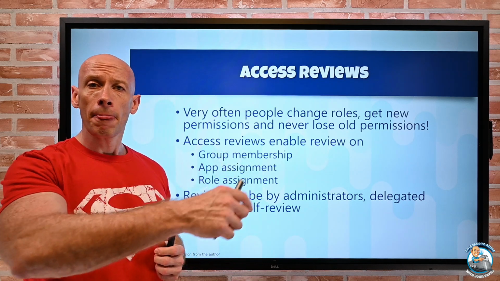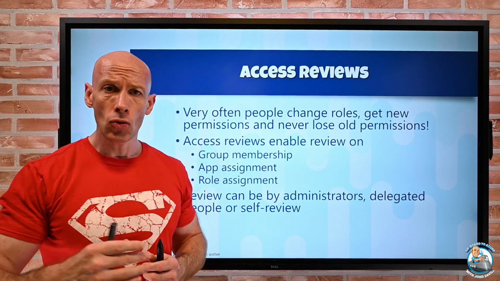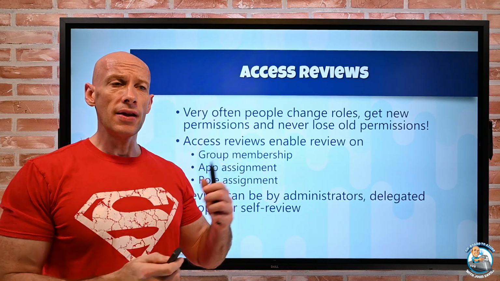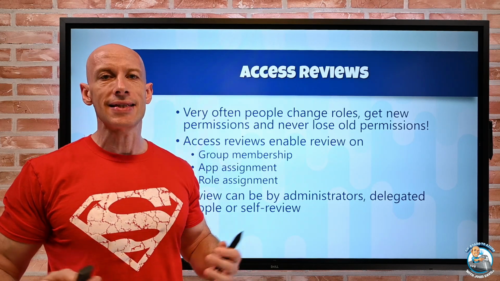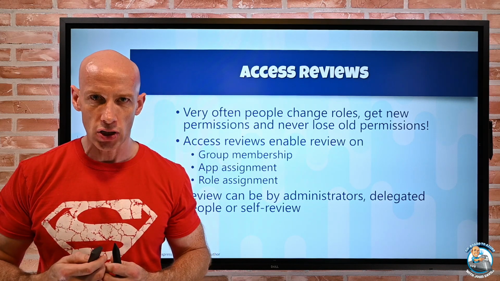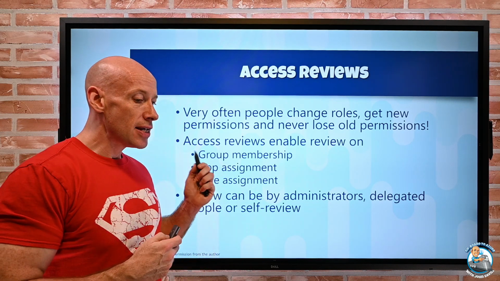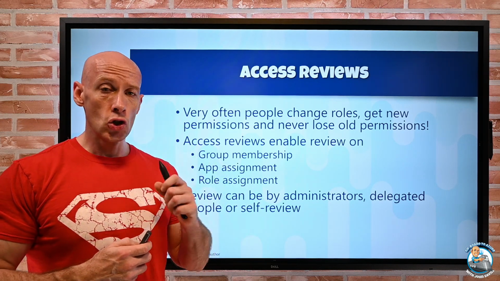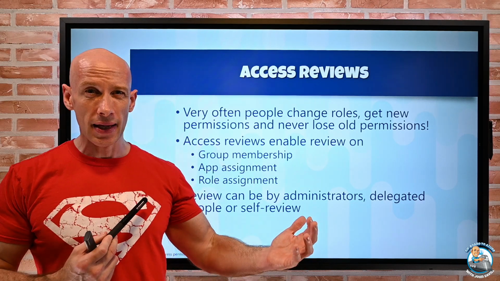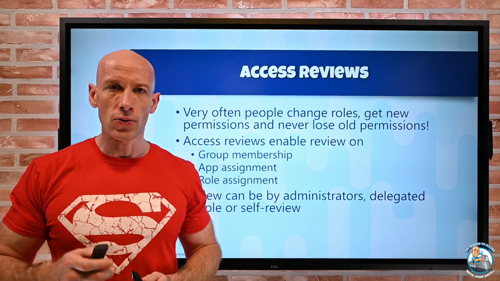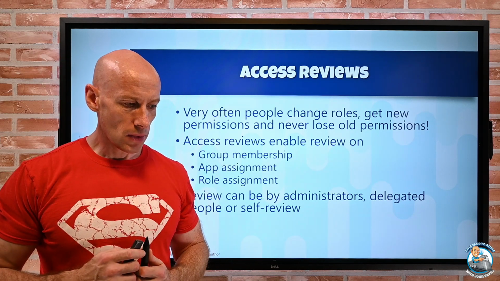I can say, as a one-time or as a periodic thing, I need you to go and review and confirm you still need this role, still need this app, still need this group membership. This is a P2 feature, but it's super powerful if you have audits and want to confirm someone still needs something. Access reviews enable me to do this.